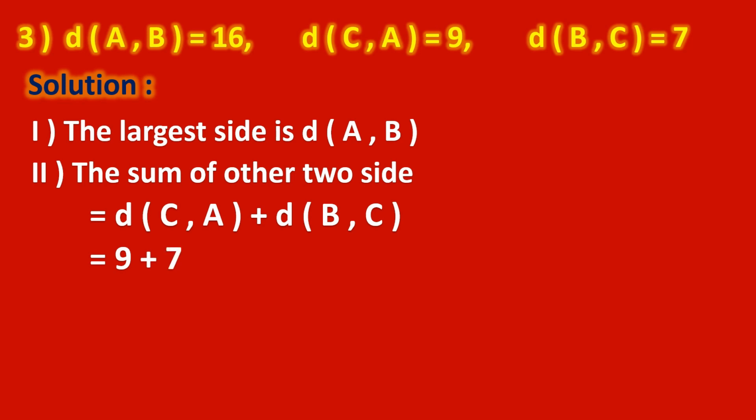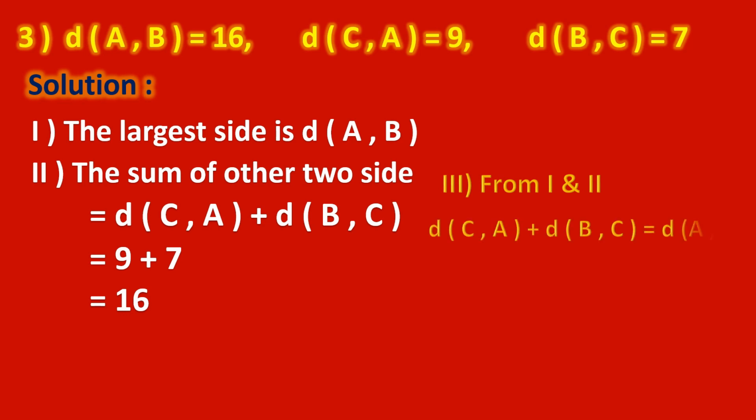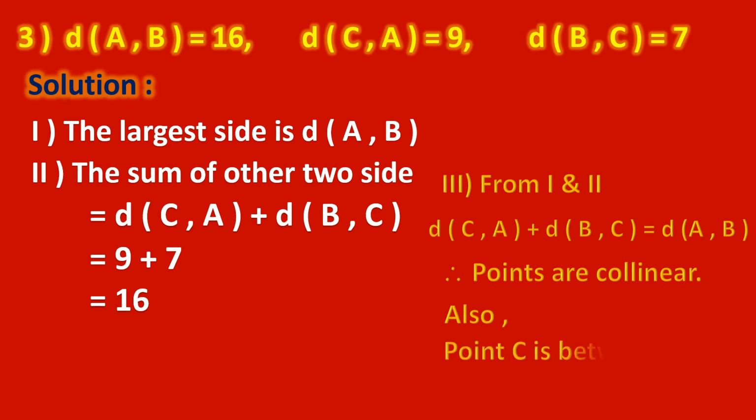Substituting their value, we will get it as 9 plus 7. 9 plus 7 is 16. The largest side is also 16. Therefore, from first and second, we get distance CA plus distance BC is equal to distance AB. Therefore, points are collinear. Since AB is the largest, therefore, point C is between A and B.